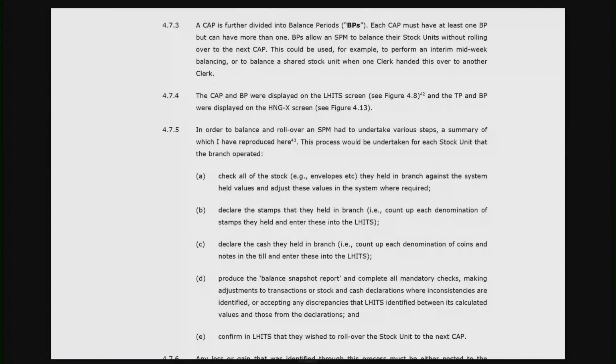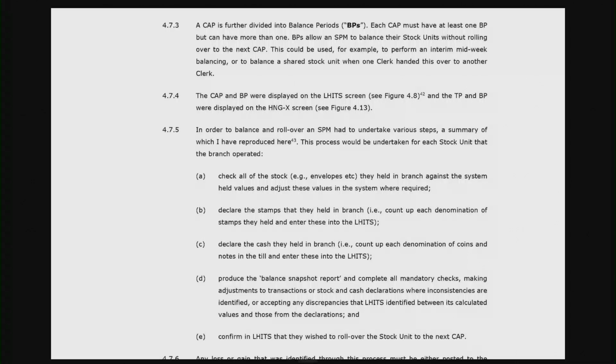You tell us that the cash accounting period and the balancing period were each displayed on the Legacy Horizon screen, and the trading period and the balancing period were displayed on the Horizon Online screen. Yes. Can we just look at those, please?